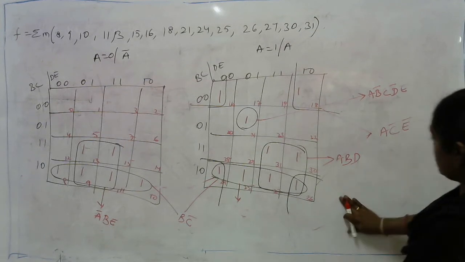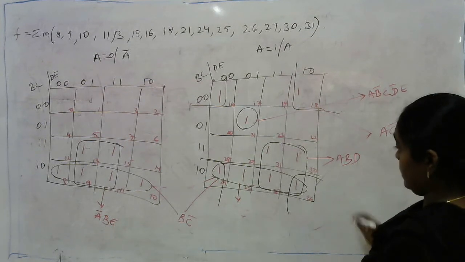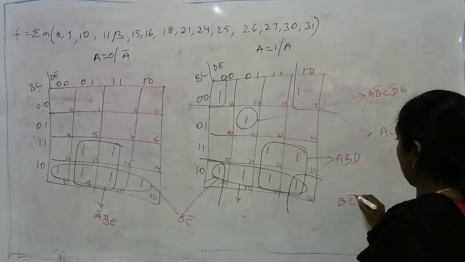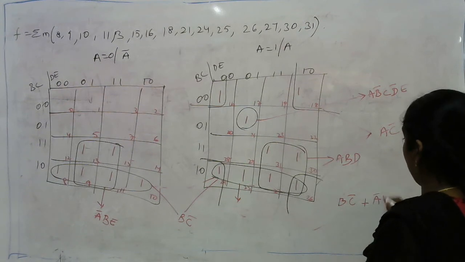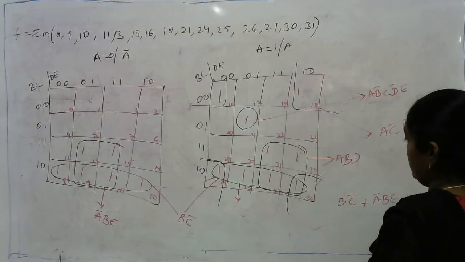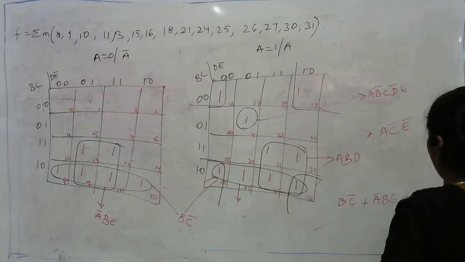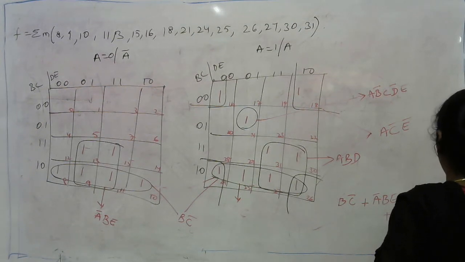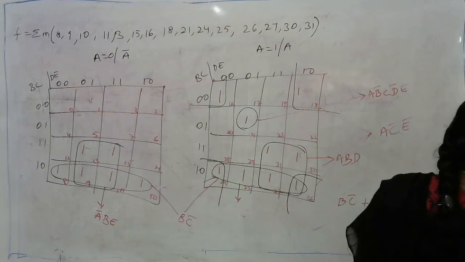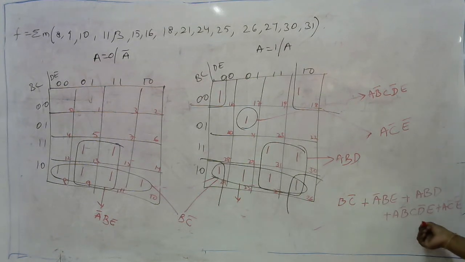So the overall simplified expression is B C bar plus A bar B E plus A B D plus A B bar C D bar E plus A C bar E bar. This is the finalized simplified expression for the 5 variable K map.